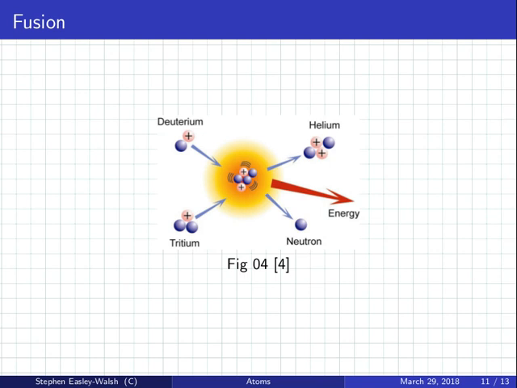Now we're going to have a look at a different process called nuclear fusion. If you can write this down as an example: H2 and H3, hydrogen 2 and hydrogen 3, come together and produce a helium, a neutron and some energy.